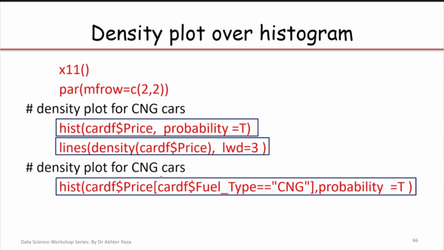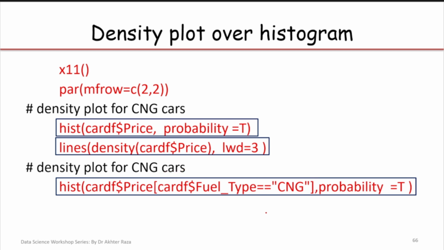So this is very important. We put a condition over there in the car DF. If I eliminate this square bracket, then all prices will be used. In the square bracket, I have identified fuel type is equal to CNG, which means only the prices of the CNG cars will be used.